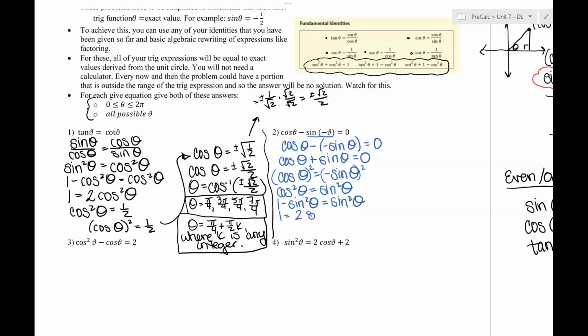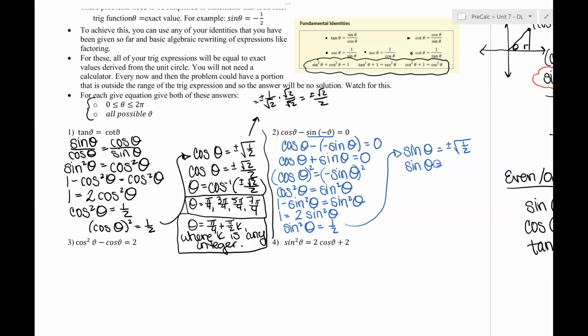So 1 equals 2 sine squared theta. And then sine squared theta is equal to 1/2. And then I'm going to have the sine of theta equal to plus and minus the square root of 1/2.